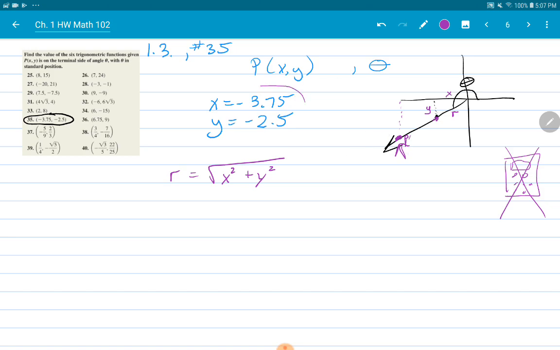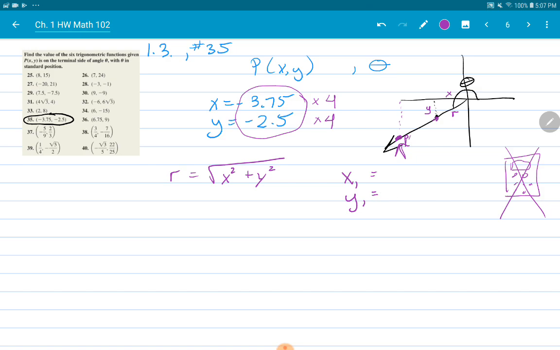So I want these decimals to go away. Both those decimals are a part of a fourth. So 3.75 is 3 and 3/4, and 0.5 is 2/4. So if I multiply both of these by 4, then I'll get a similar triangle, but further out with whole numbers. So I'm going to use this alternate x1 and y1, where I take the original smaller triangle and multiply by 4.